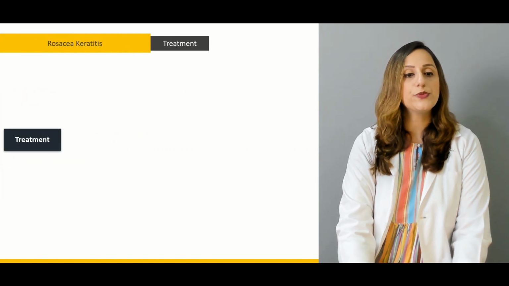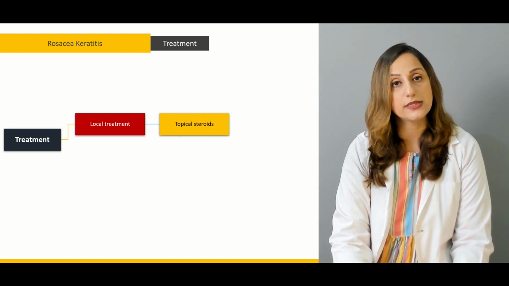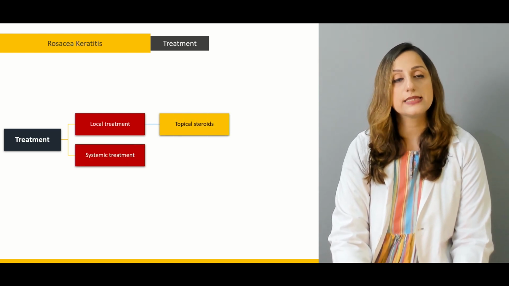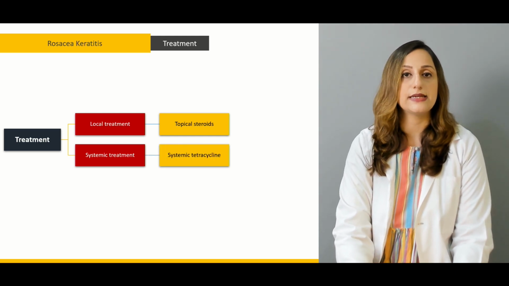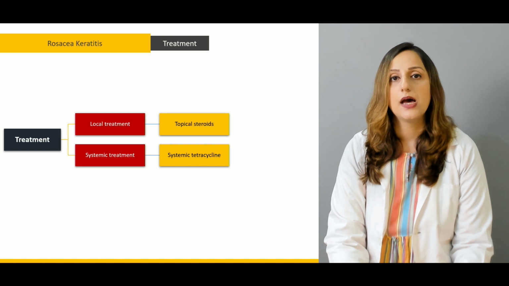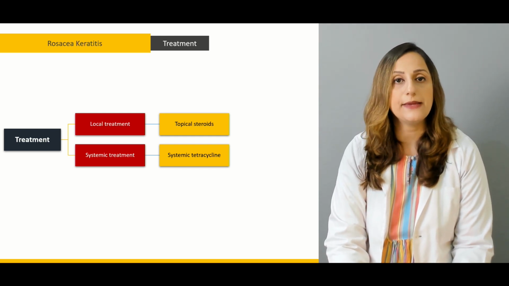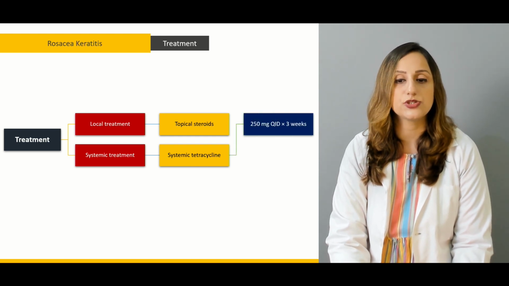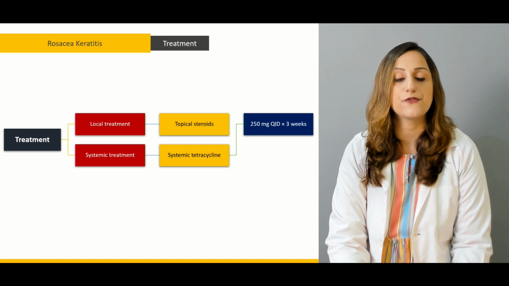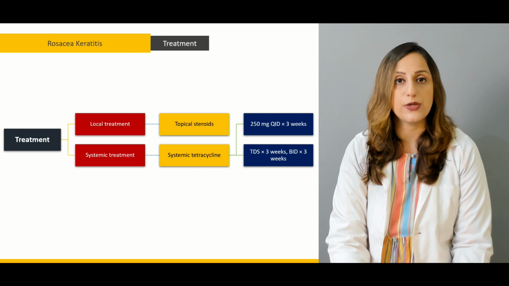The treatment would be to treat the acne, first of all. The local treatment would consist of topical steroids, of course, and the systemic treatment would consist of the systemic tetracyclines. Obviously, you can use the oral or the IV use of the tetracyclines, usually 250 milligrams thrice a day for 3 weeks, and then BID for 3 weeks as well.